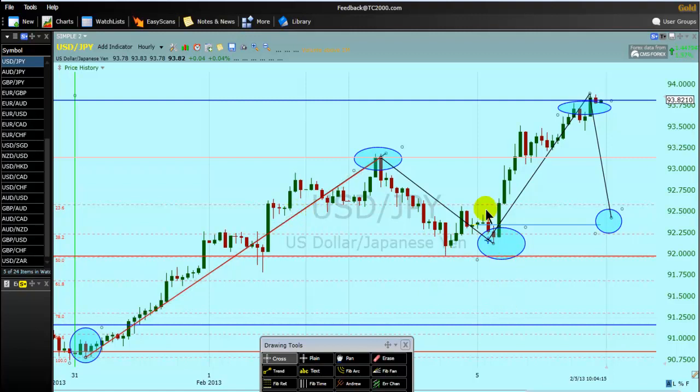So we will expect the B correction to exceed the A correction, because you need to understand that if the A correction is divided into 5 subwaves, which means a very strong move to the downside, the B correction will fail to exceed the starting point of the A.